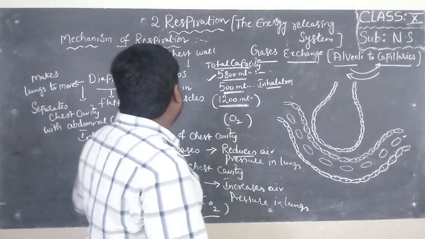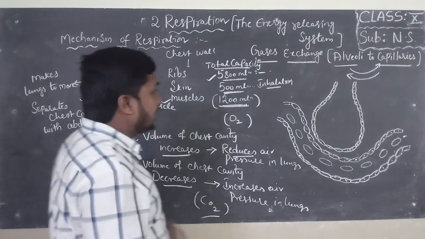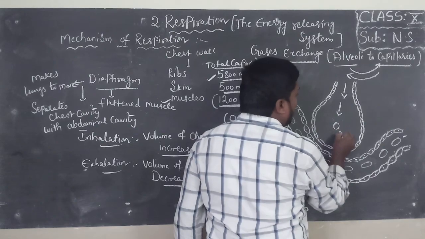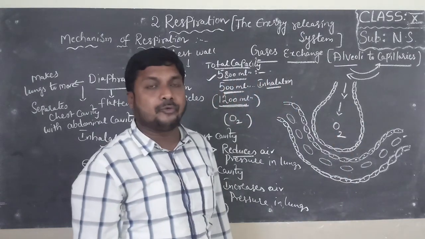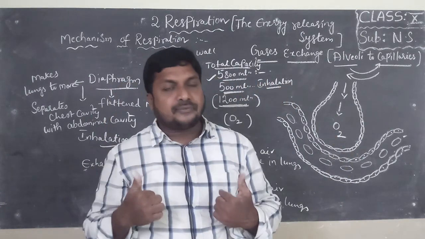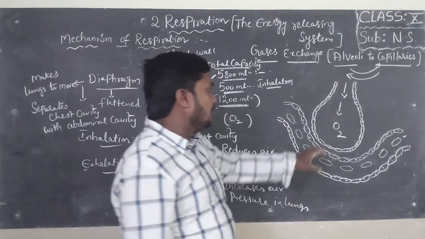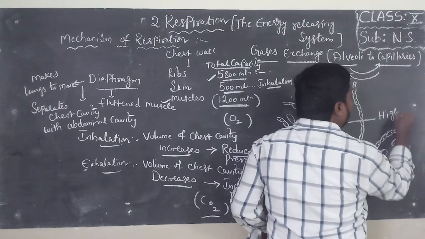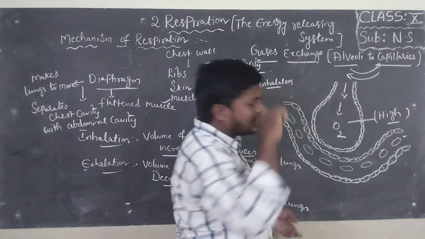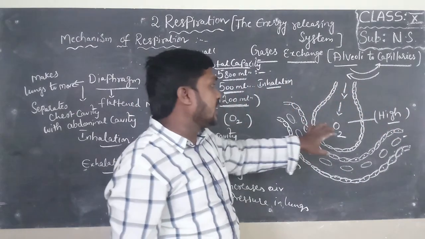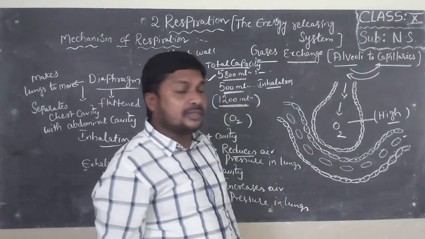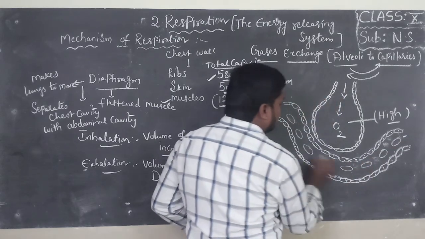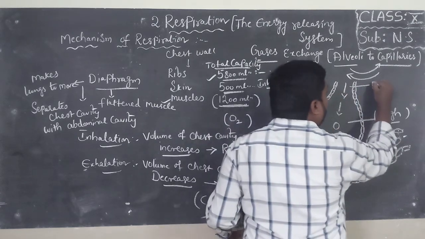At the time of inhalation, oxygen enters into the alveoli, so the oxygen content in alveoli will be high. Here is the blood in capillaries. This is the bronchiole.